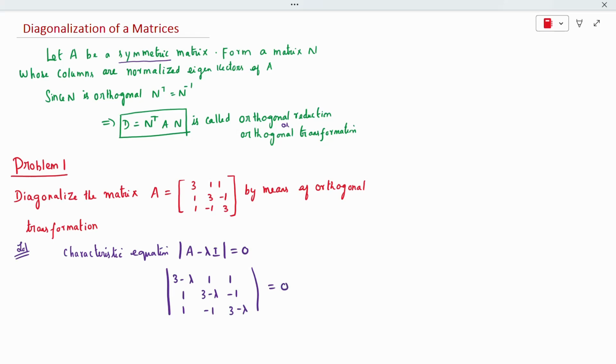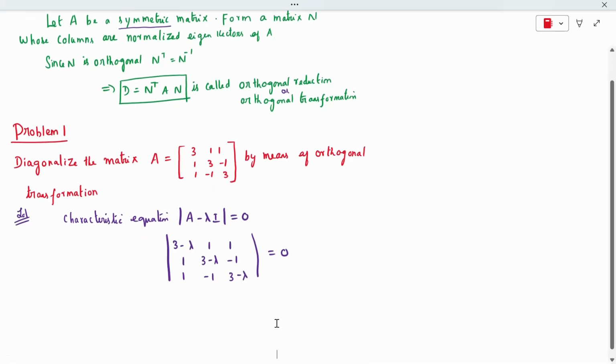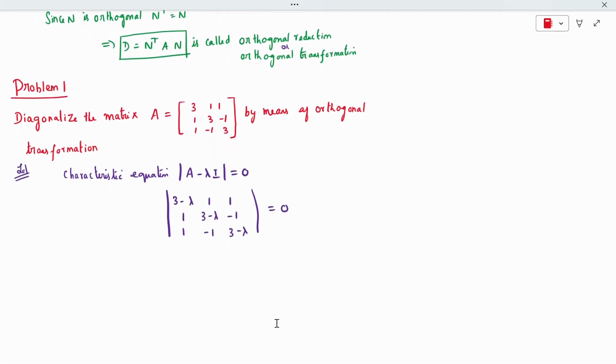We will be writing the shortcut: lambda cubed minus s1 lambda squared plus s2 lambda minus s3 equal to 0. Find out here s1 and s2.